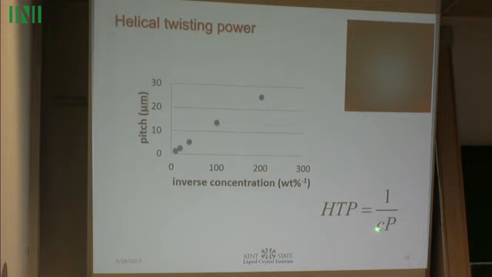So here, this is the concentration in weight percent, and this is the pitch. And so this is a measure of the goodness of the chiral dopant, and so you may see this helical twisting power. So one can adjust the pitch of the structure appropriately and come up with whatever band gap configuration that one wants.